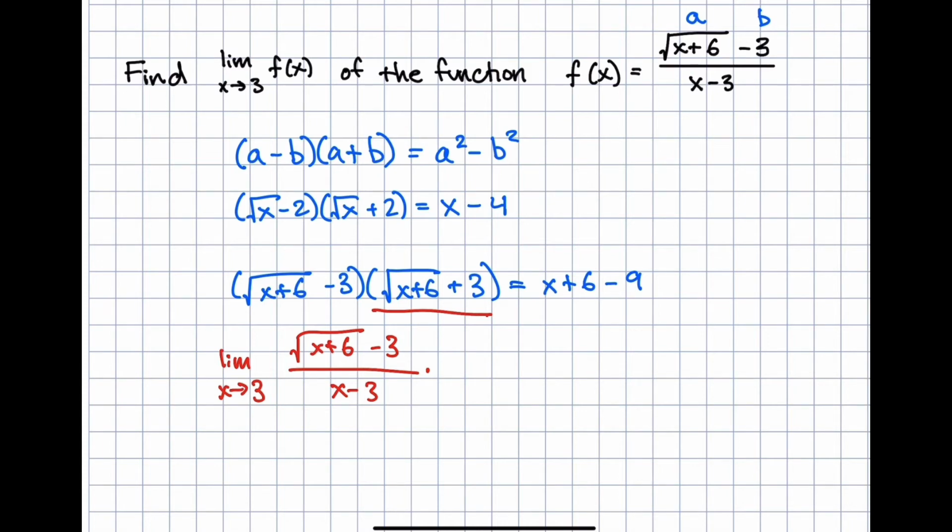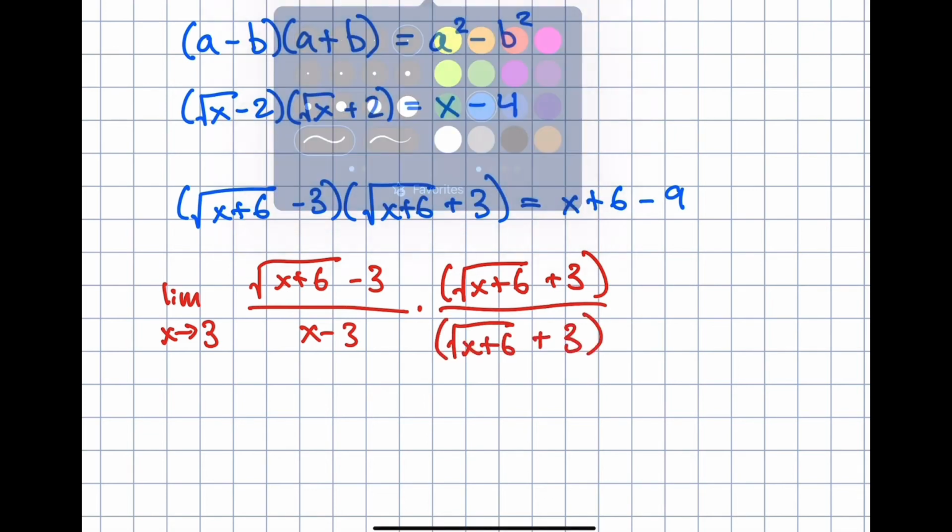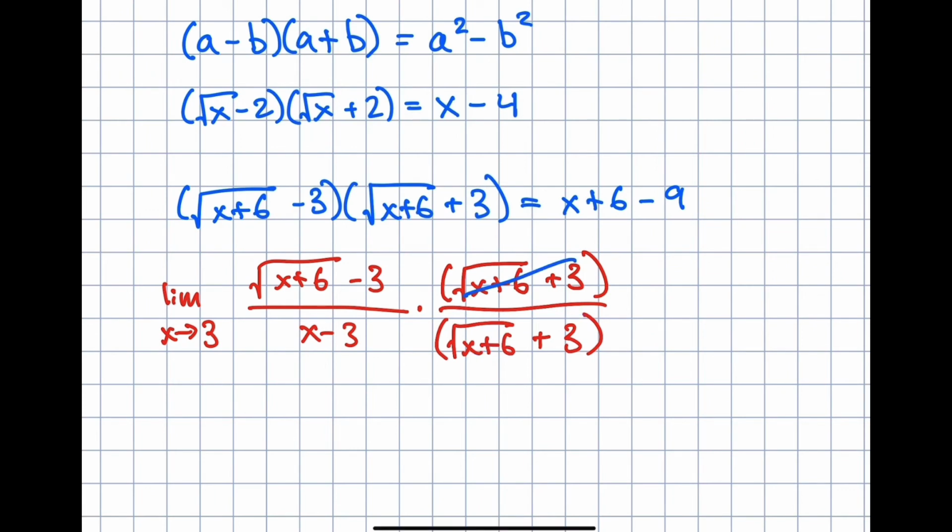And if you're working with a plus b, the associated a minus b would be the conjugate. So I'm going to multiply this by the square root of x plus 6 plus 3 divided by the square root of x plus 6 plus 3. Right? And we can see that both of these terms would just cancel out and go to 1, which is why we're allowed to do this, and we're not changing the function at all.